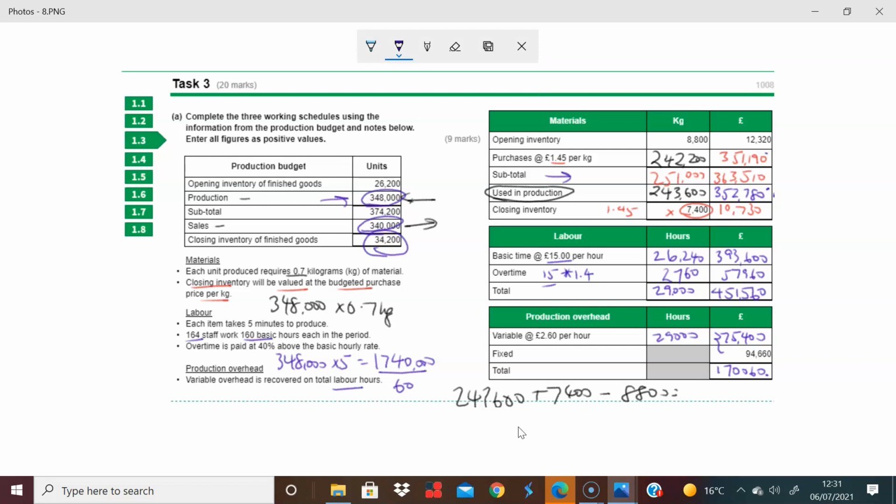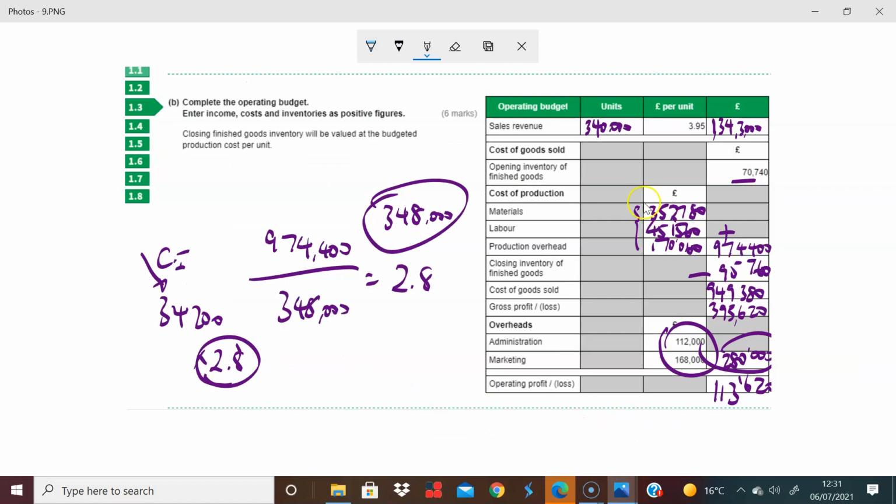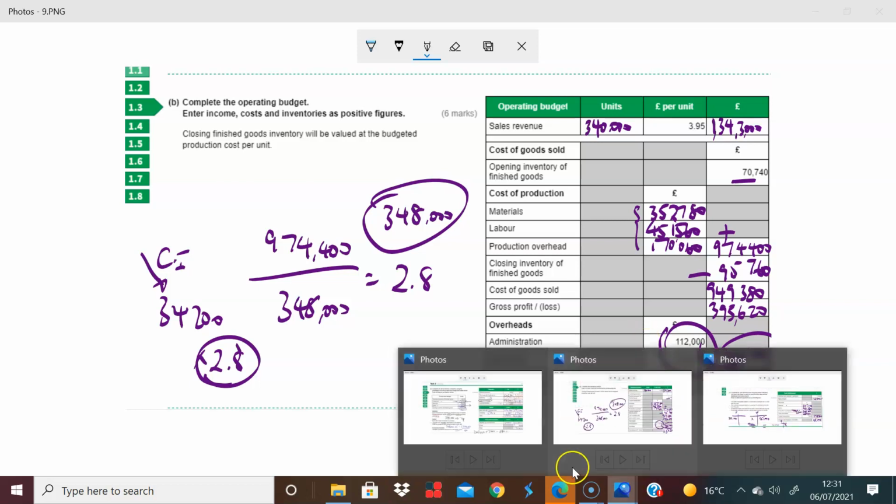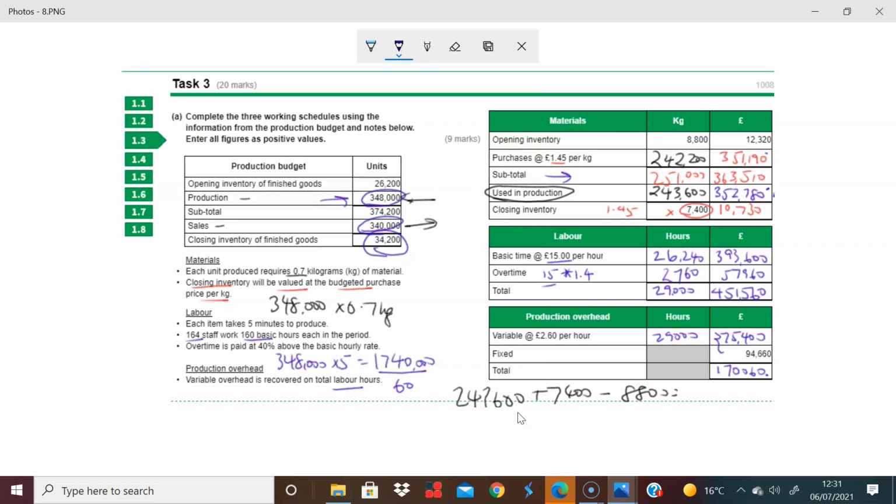Sales will be given to you on this next page over here, and the rest sits in the information given to you here. Labor and all the others we calculated earlier on. We calculated how much we'd spent, and these will always be what they are, because these are all live. You can't store any of this. Cool, great stuff. And that is task 3.